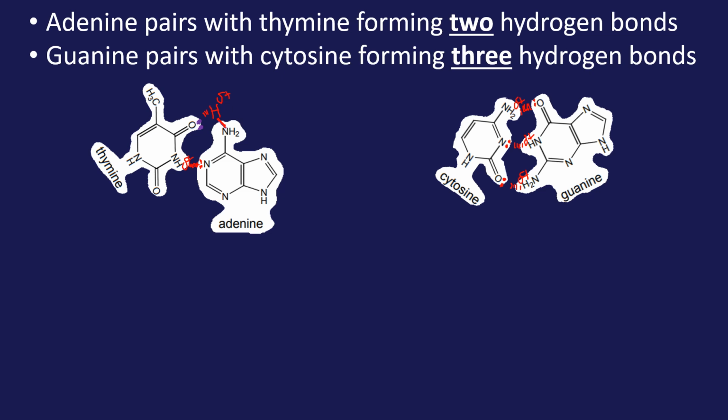So remember, the carbonyl O's have a lone pair, and the nitrogens on the ring have a lone pair, and that's where you see the interactions. Okay, so two hydrogen bonds between adenine and thymine, three hydrogen bonds between guanine and cytosine.